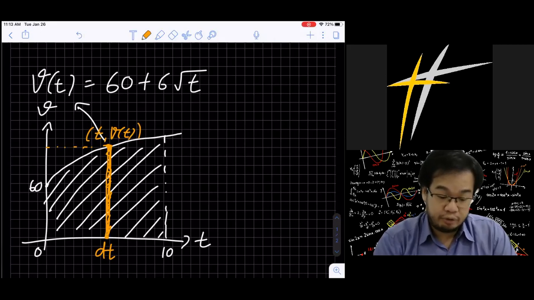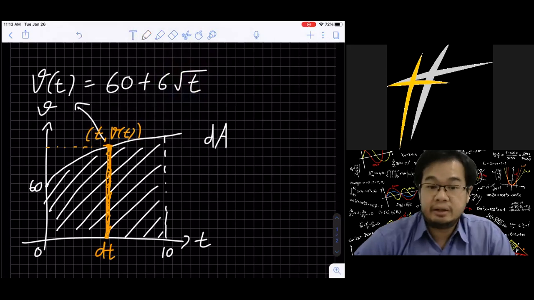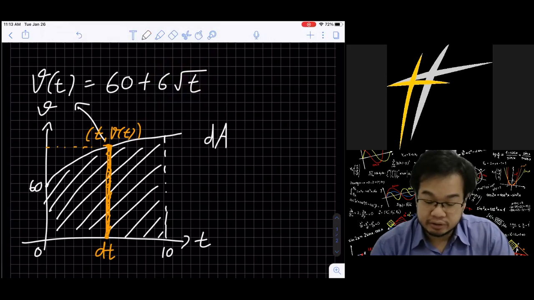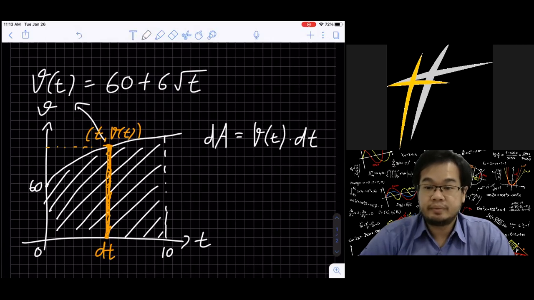So if we try to find the area of the rectangle, which is represented by dA, why dA? Because dA represents the small part of the whole area that we want to find, delta A. Just the small part. Then of course, because it's a rectangle, the formula will be v of t times dt.